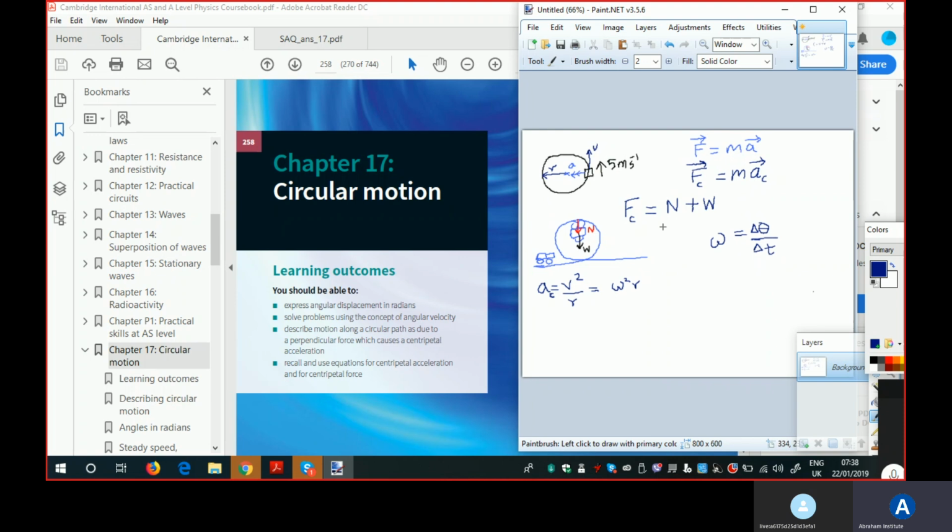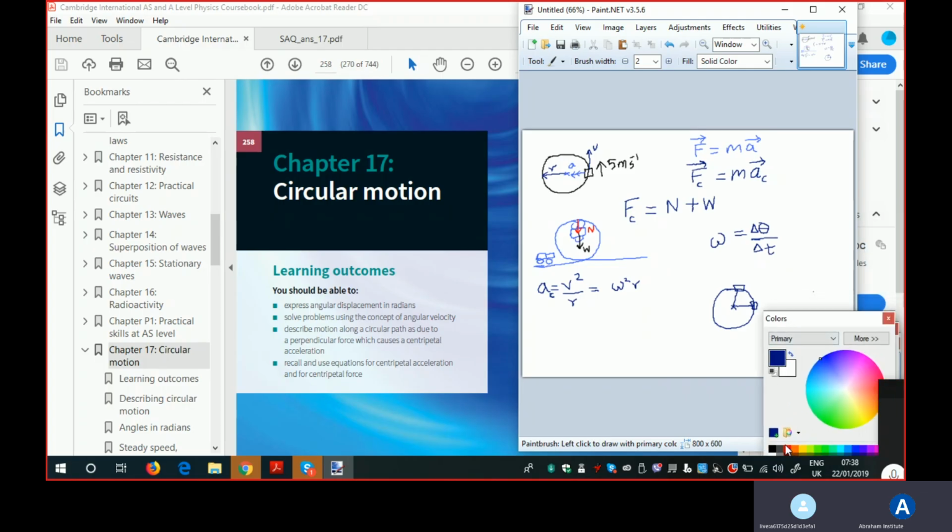So for example, if you consider this circle, let's say this is the center of the circle, and initially the object was in this position. After time t, the object moves to this position, and the angle that it covers during this time is theta.